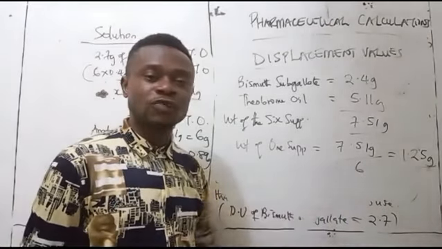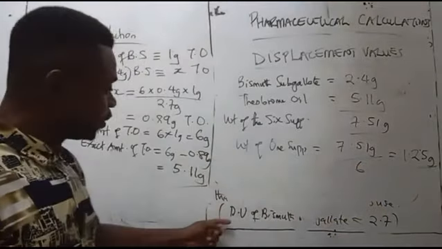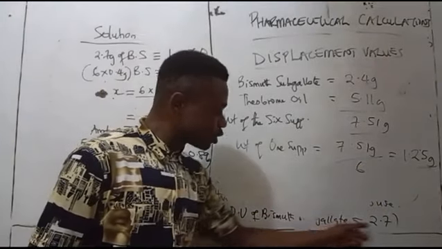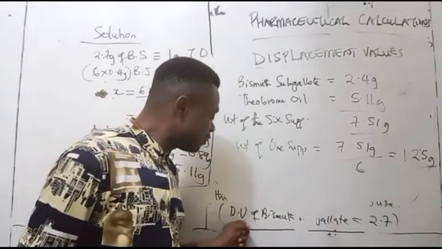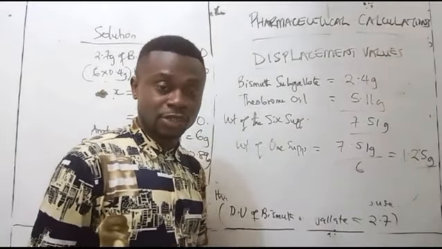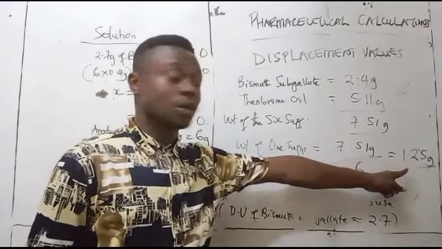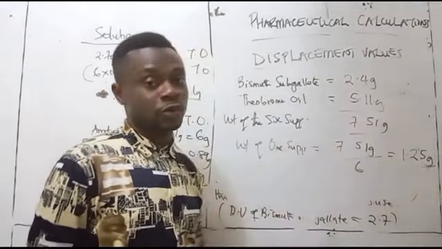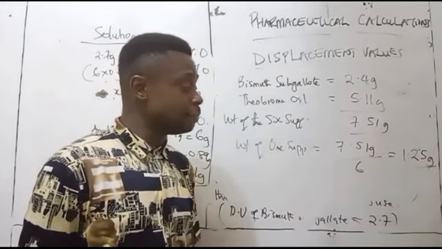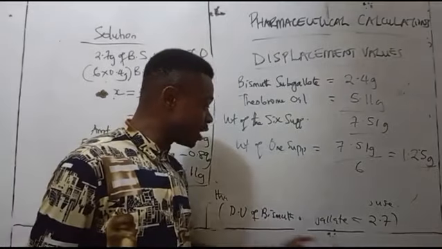It is 1.25 grams because of the DV of bismuth subgallate. The displacement value of the bismuth subgallate is above 1. So if it is above 1, the weight of the suppository will be above the nominal weight.